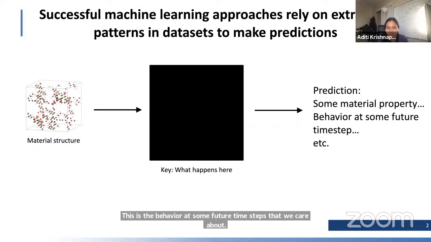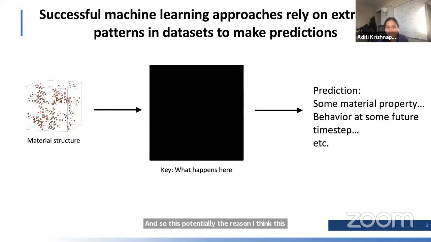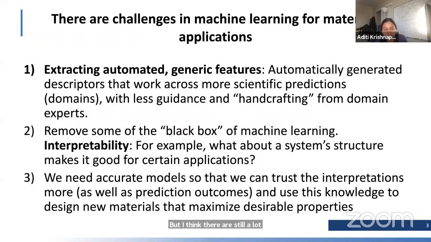The reason I think this has become very popular is because the possibilities are endless. If you have a good algorithm that can do this, you can screen a lot of things at once without having to do the much slower computation or experiment behind it. But I think there are still a lot of challenges in successfully applying machine learning for these materials applications.